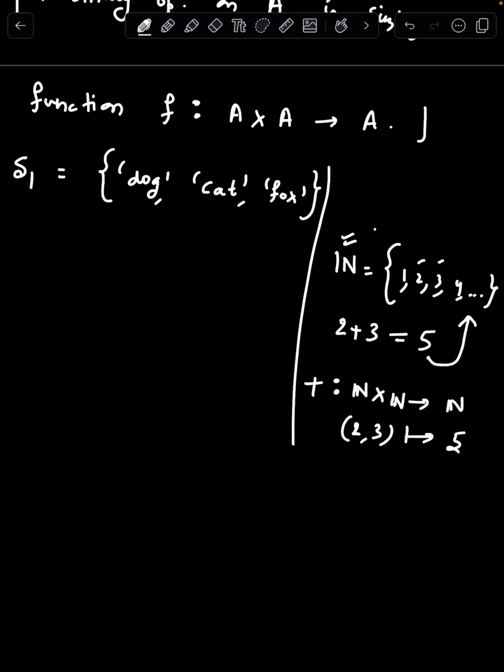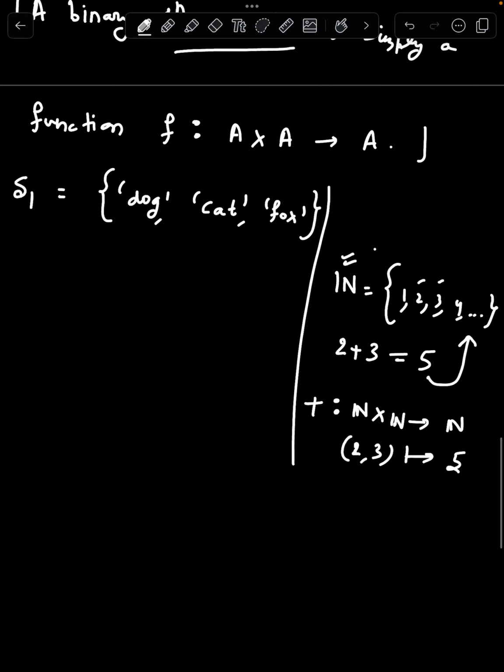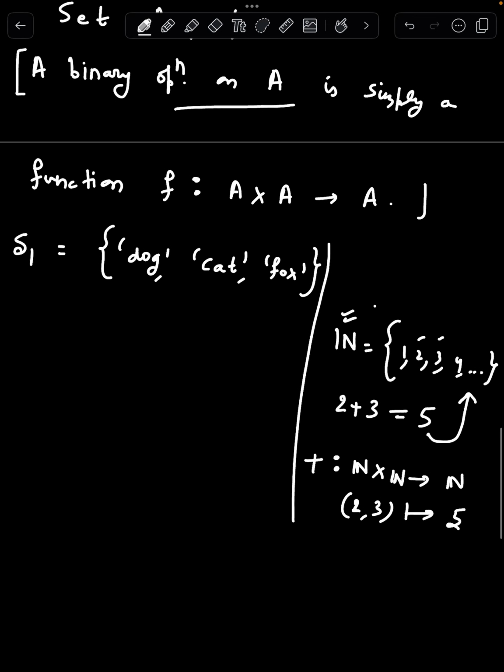How? By adding them, right? So using binary operations, you can combine two elements of that set and produce a new element in the same set.